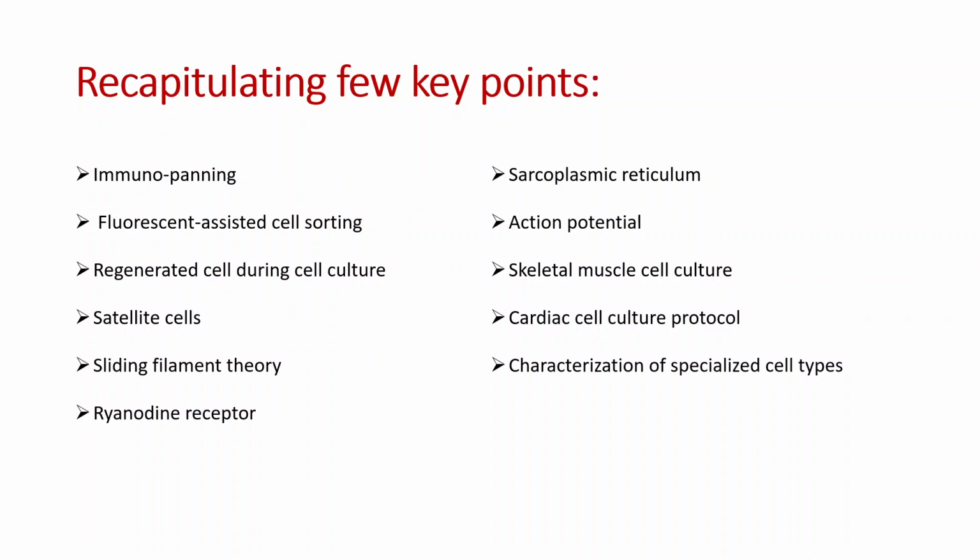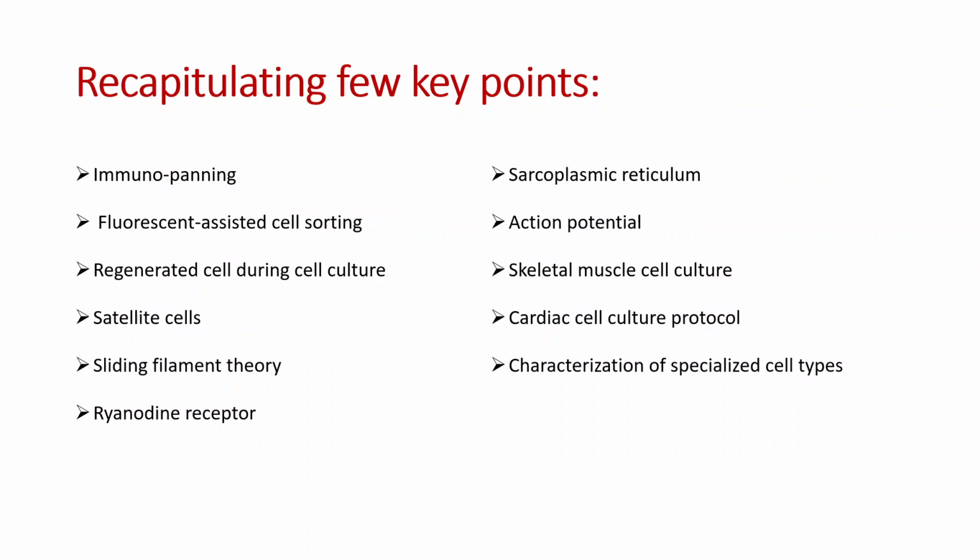Earlier we had seen the isolation and culture protocol of pyramidal neurons from rat embryonic hippocampus, and we used this model as a test bed to study the basis of a disease, which is Alzheimer's disease. Further this week, we have seen the isolation and culture protocol of the skeletal and cardiac muscle cells. Both these skeletal and cardiac muscle cells are specialized and terminally differentiated cells.